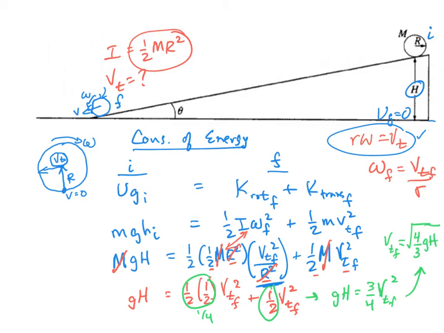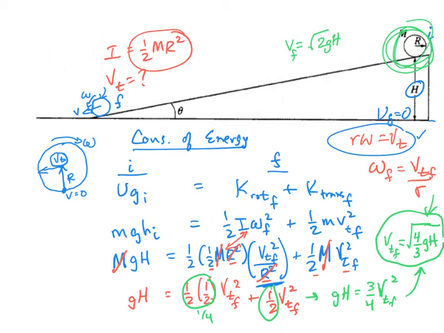Now, before we go any further, let's talk about the significance of that, because that's a pretty interesting result. We know if we dropped an object from height h, using kinematics, or if we just assumed it slid down and didn't have any rotational action at all, just sliding, velocity final is root 2 GH. Well, this is root 4/3 GH. 4/3 is less than 2, right?